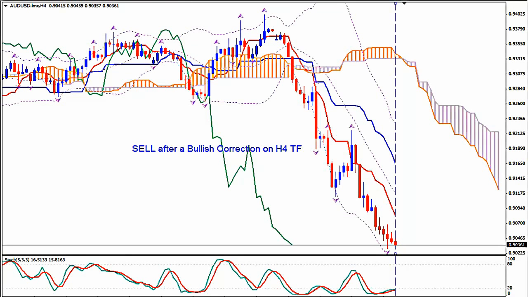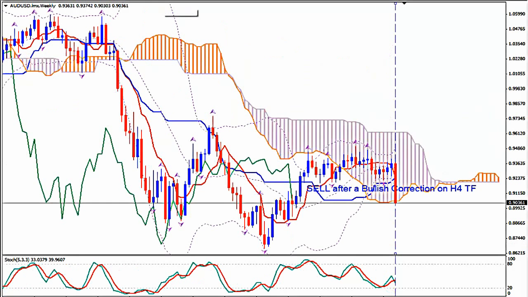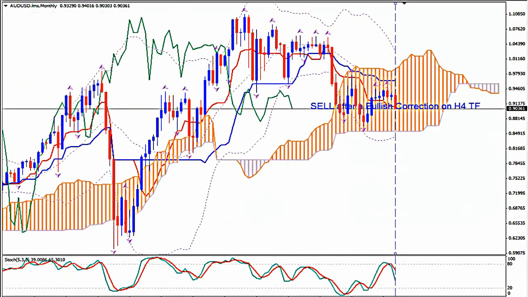Take profit target would be a few pips above the lower Bollinger Band, or at least the price level of this down fractal here at 0.8660.